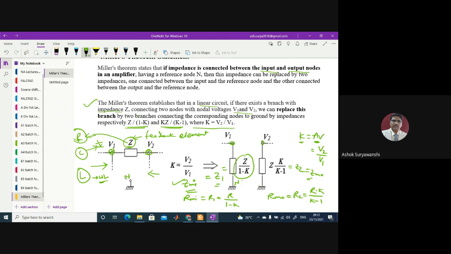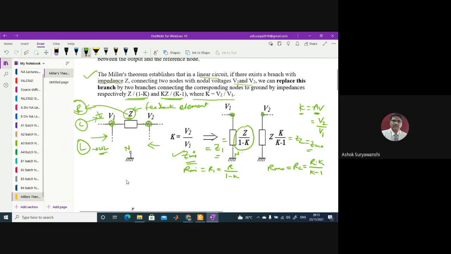Similarly, if there is an inductance between the input and output, suppose this is the V1 node and this is the V2 node. V1 is the input node, V2 is the output node, and there is some reference N. Then how can this be simplified? We again get two components, one on the input side between the V1 node and the ground N, and the other between the output node and the reference node.